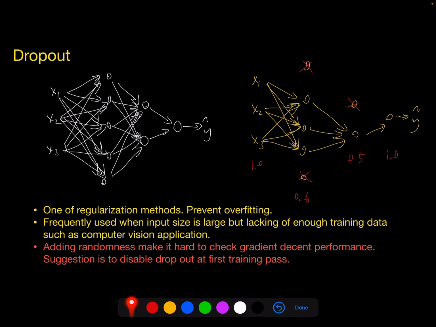This technique is frequently used when the input size is large but there is a lack of enough training data, such as in computer vision applications, because our input images generally have a large number of pixels.